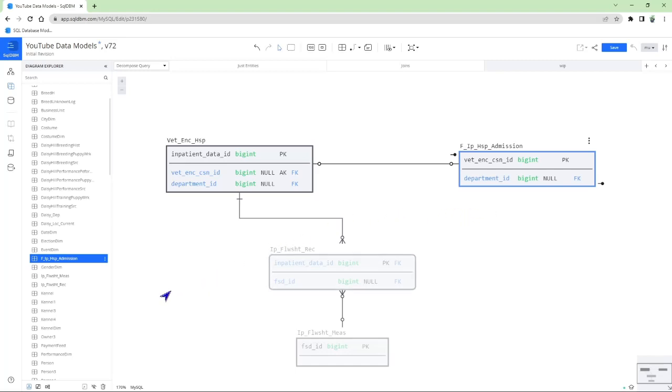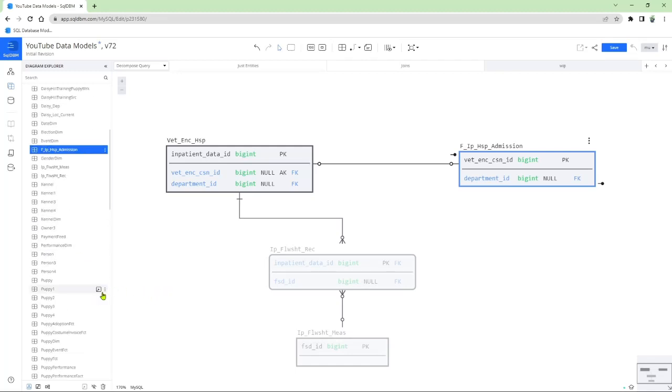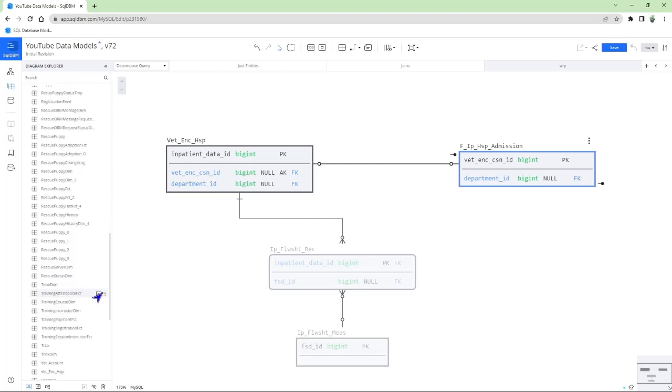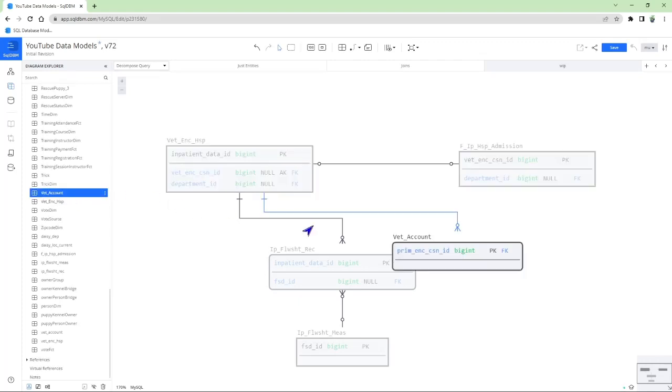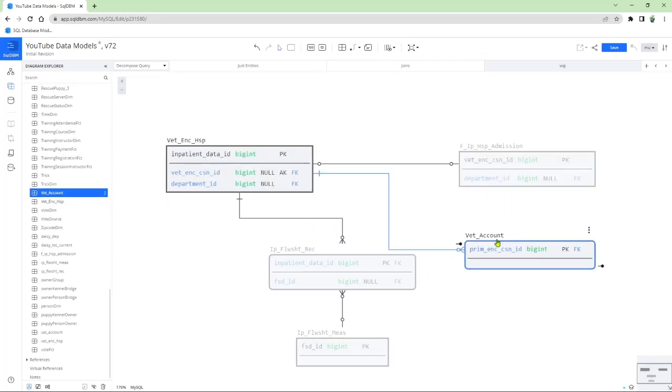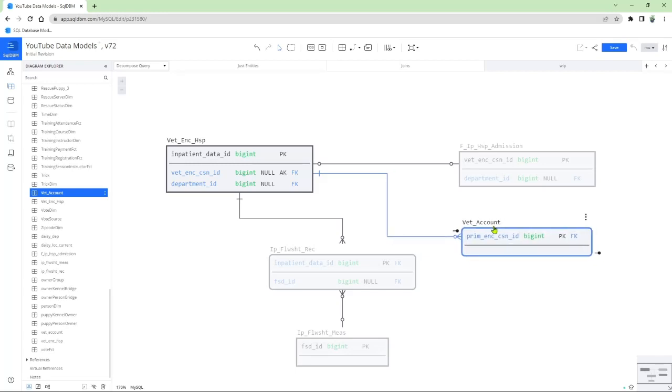This also leads us to another table, which is the account information, which I'm assuming is from the billing standpoint. And what we notice from the vet account is that in the query, the veterinary account is also an inner join, so that there is a direct and existing relationship between the puppy at the hospital and the accounting piece of information here.